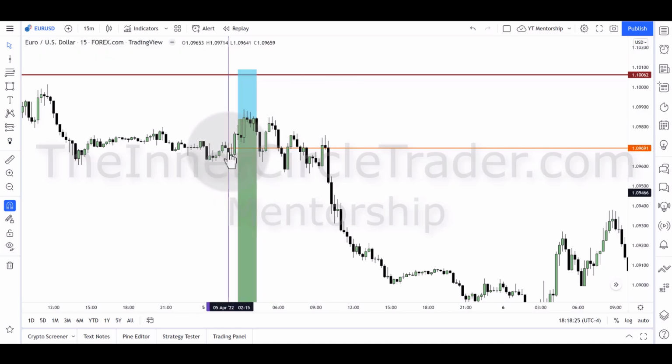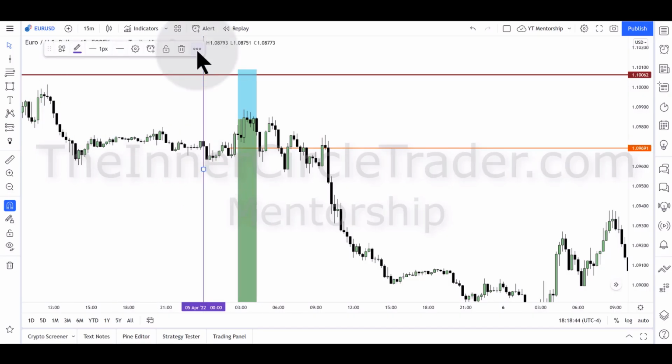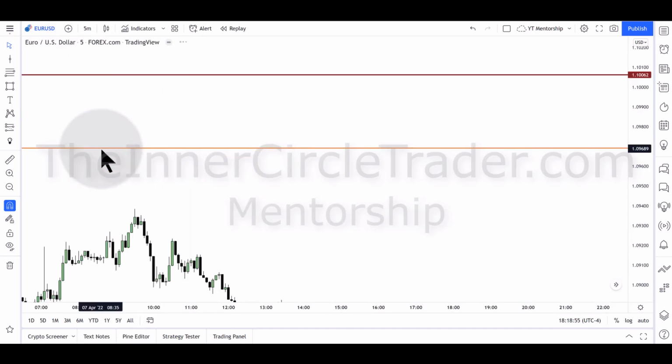So 2 o'clock in the morning, opening price. You want to be a seller above that opening price. But you have to be a short seller on a stop one pip below the Asian range.